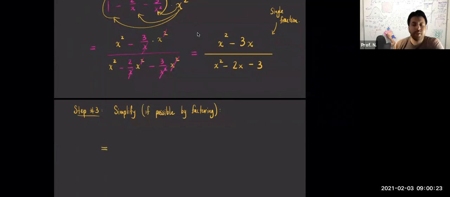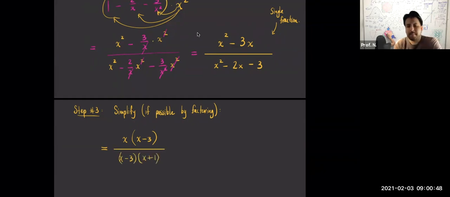We can factor the numerator as well. When we factor the numerator, we factor out an x, and we get x minus 3, because my GCF for the numerator is just x. And then in the denominator, we have this trinomial. What multiplies to -3 but adds to -2? It would be -3 and +1. So it would be x minus 3 and then x plus 1.